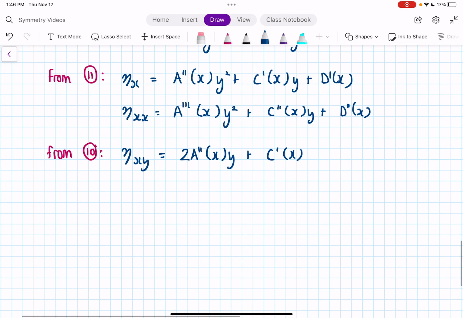And so now I'm going to look at equation 2. So equation 2 said this.